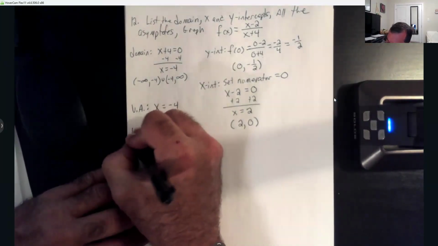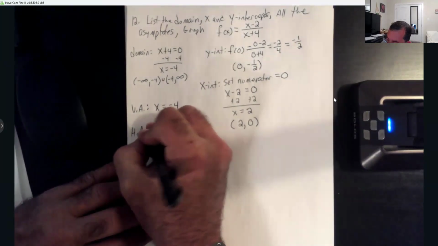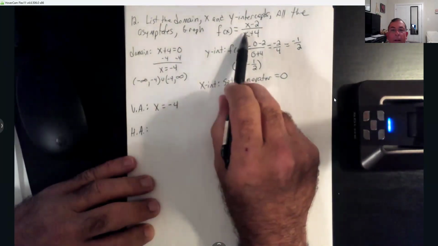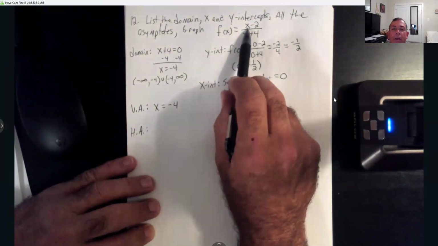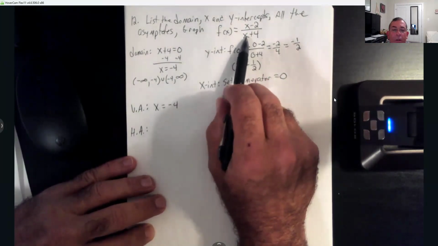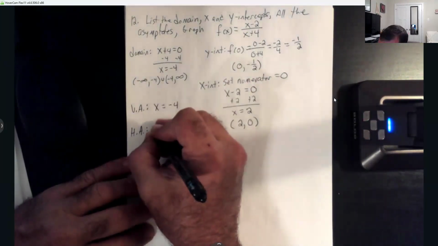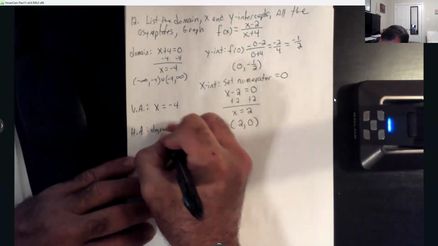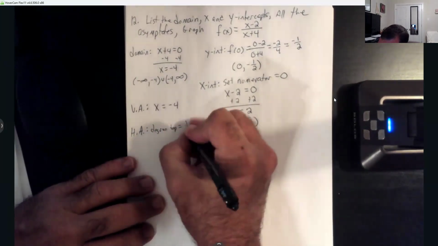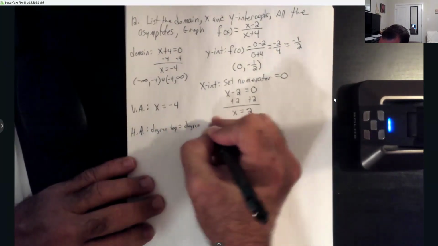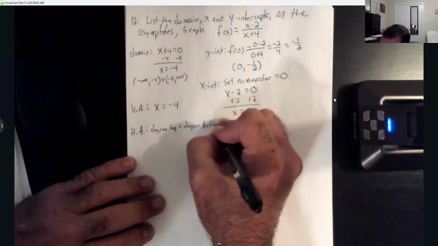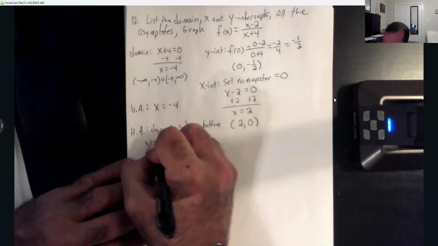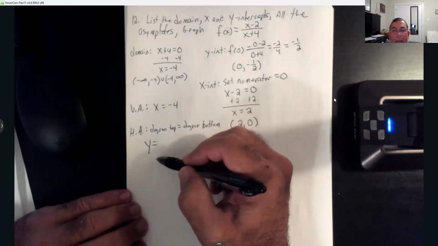So let's look at our horizontal asymptote. Well, y'all look at this. The degree on top equals the degree on bottom. So this is the y equals a over b.